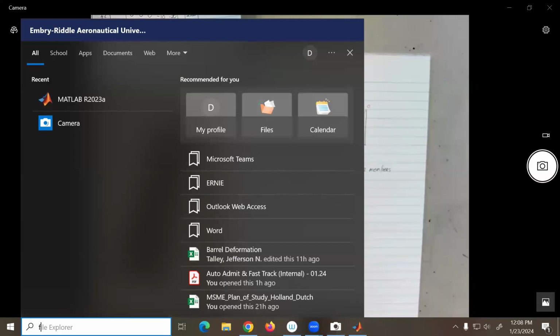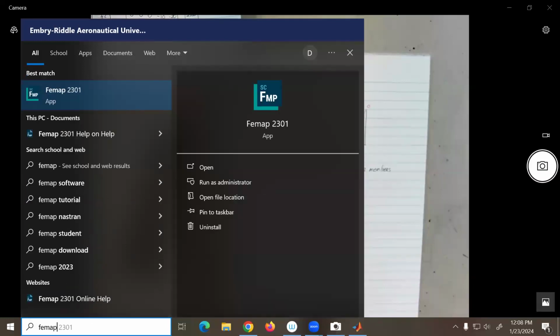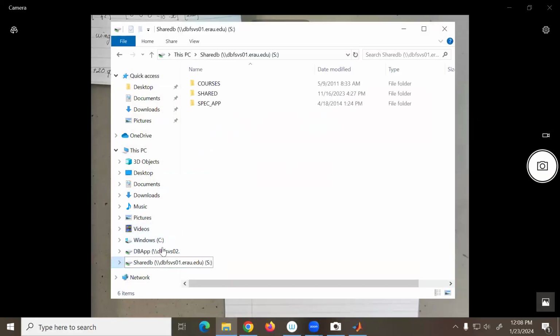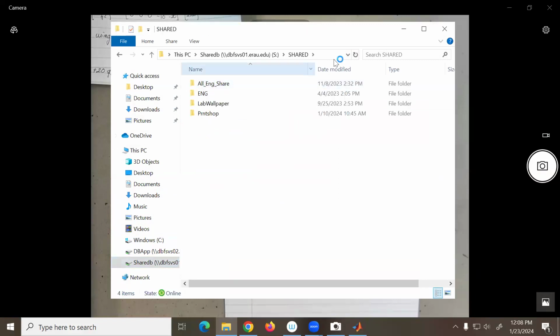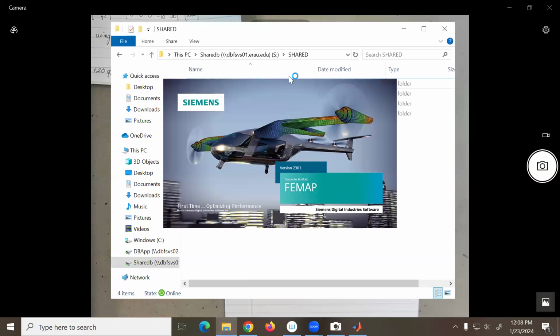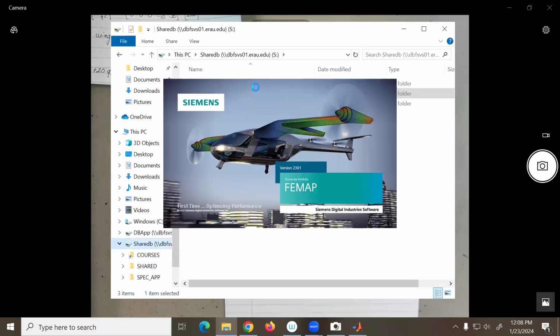I don't think I've done it. I did it the other day. Let's see. No, I haven't done it for sure. I should change this then. Come on. It doesn't let me look at my files.